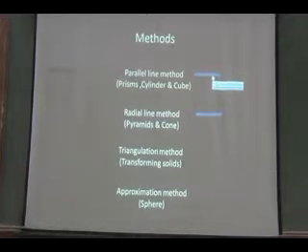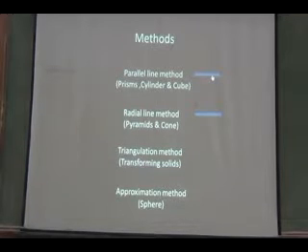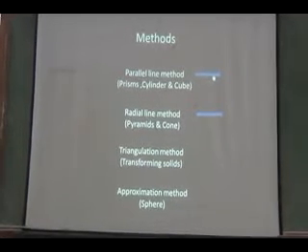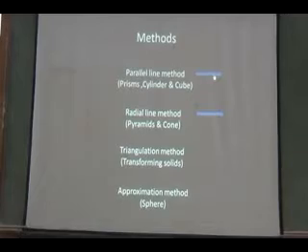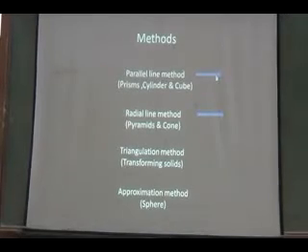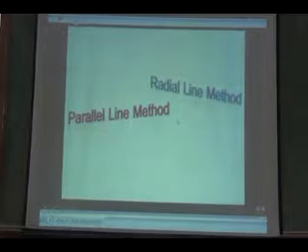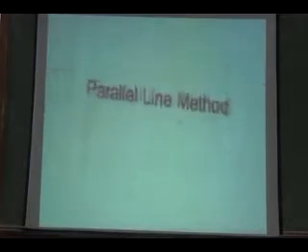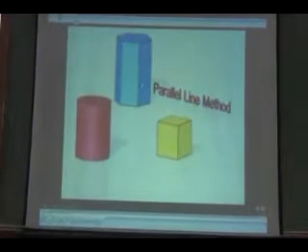Just draw parallel lines from the two bases, and depending upon the base side and the side you have, you can get the development. You can see this video. This is the parallel line method, which can be used for cylinders, prisms and cubes.